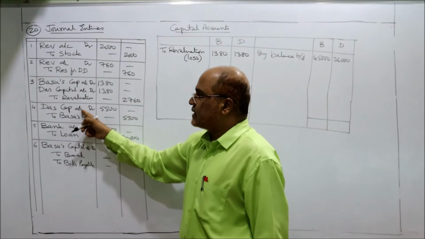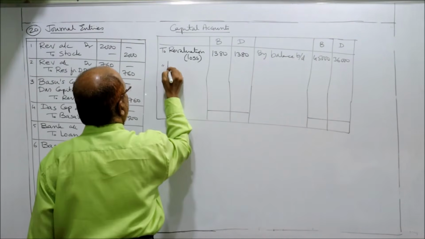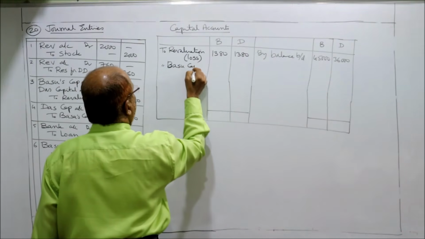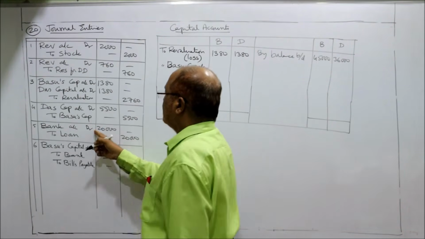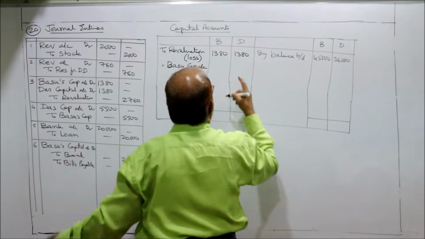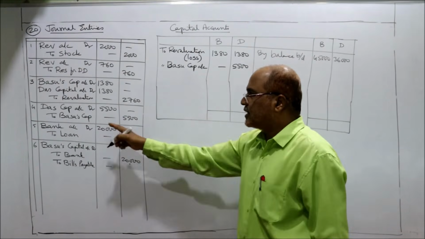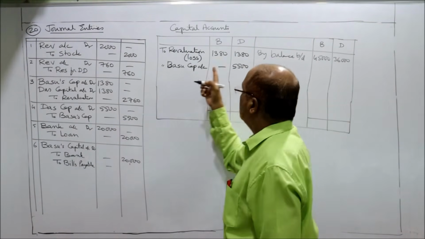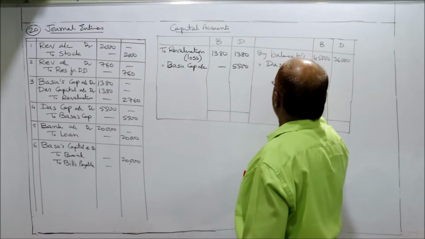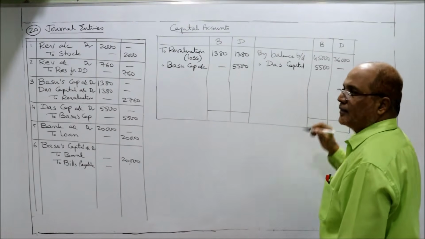Now Das capital account debtor to Basu. तो दास को डेबिट करना है टू बासु. How much? 5,500. तो which account we have to debit? दास. तो दास के कॉलम में 5,500. और क्रेडिट किसको करना है? बासु को करना है. तो क्रेडिट साइड बाय दास कैपिटल. बासु के अकाउंट में क्रेडिट करना है 5,500.